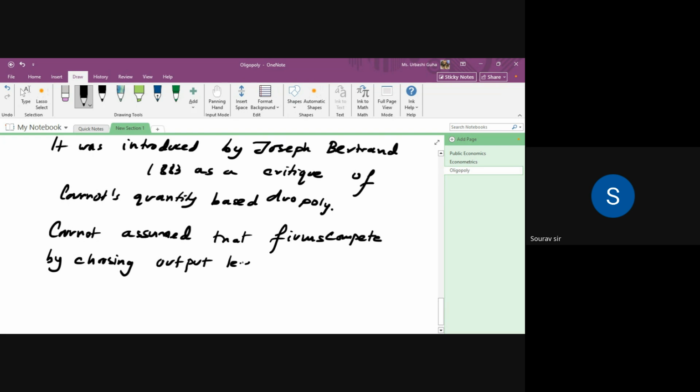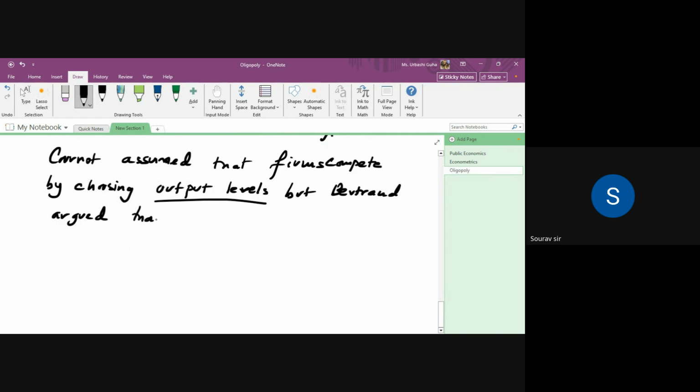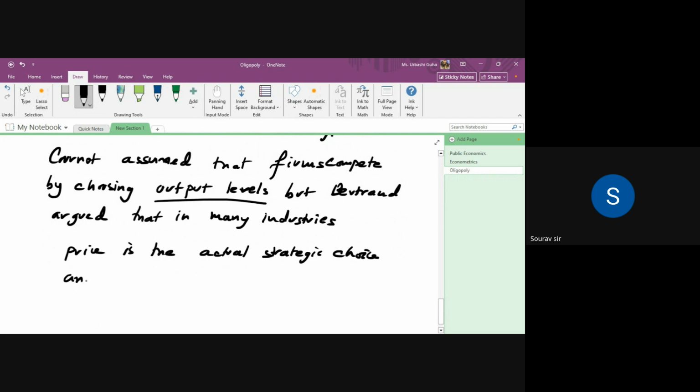But Bertrand argued that in many industries, price is the actual strategic choice, correct? And not quantity.